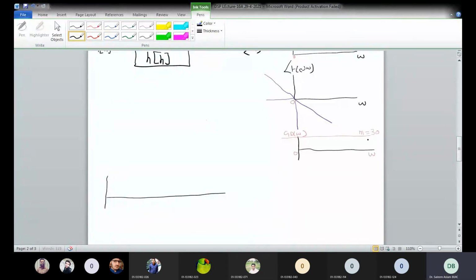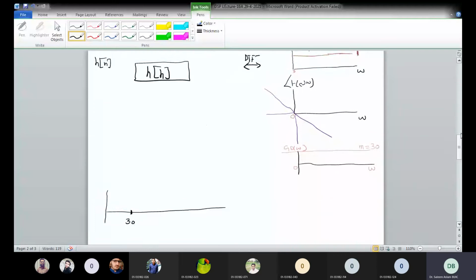Since our m is equal to 30, it means that now our signal will start from 30, not from time t is equal to 0. And it is constant, so all frequencies, low frequency, medium frequency, high frequency, will get the group delay of m is equal to 30. So all frequencies will be shifted 30 samples, right?